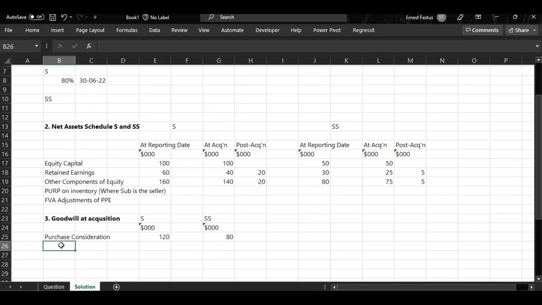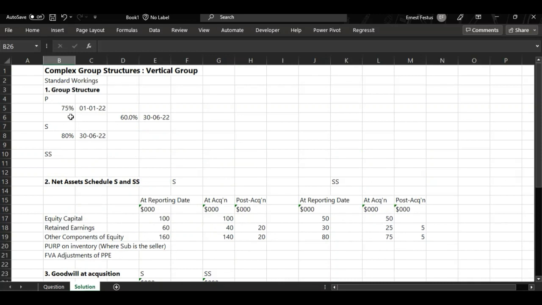Okay, then what we will do is that, remember this is in the account of P, and from our group structure, P only has 60% interest in SS, which means that P does not control all the shares of SS.